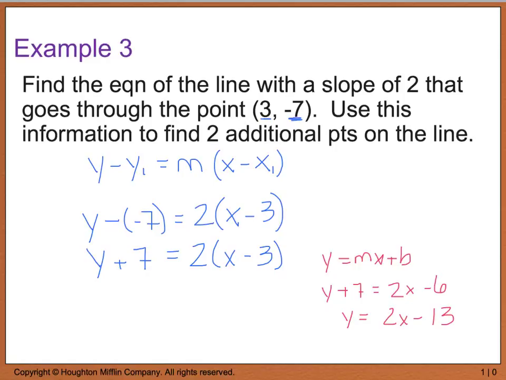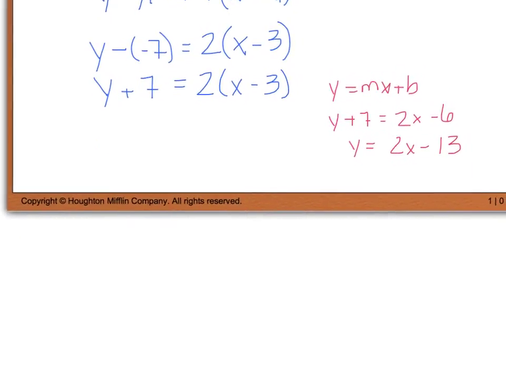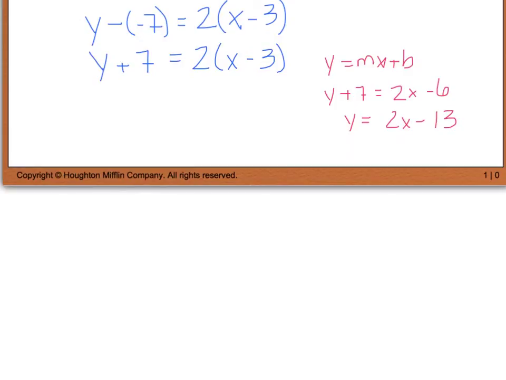Okay, now the second part of our problem said to use this information to find 2 additional points. To do this, because it says 2 additional points and it doesn't specify where they are, I can just pick 2 values of x and plug them into this equation right here. Let's just pick x equals 1 and x equals 0.